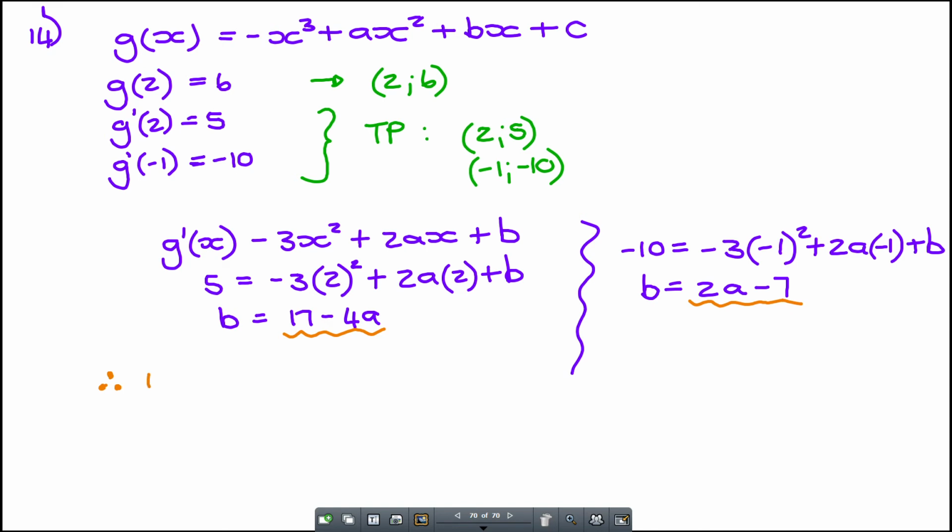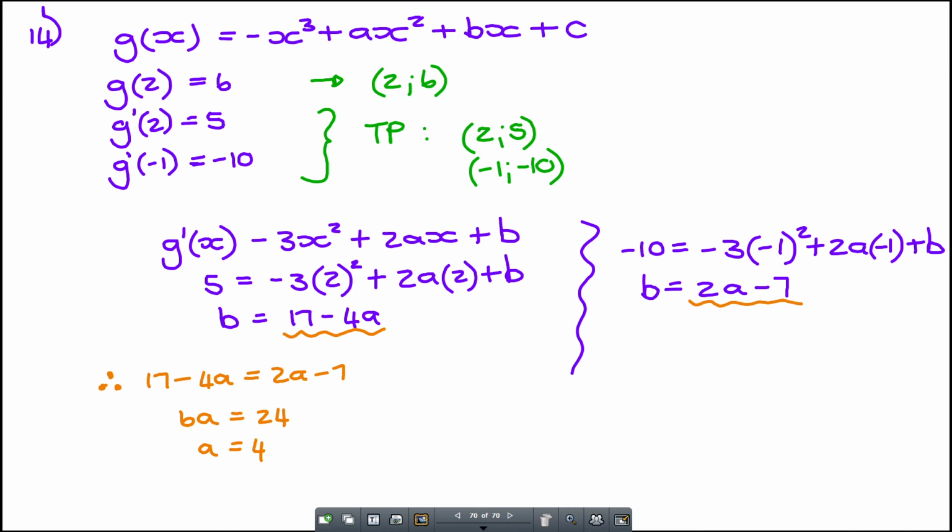So 17 minus 4a will be equal to 2a minus 7. So wait, ek wil hom soontoe vat, plus 4a. 6a is gelyk aan 24, so a is 4.